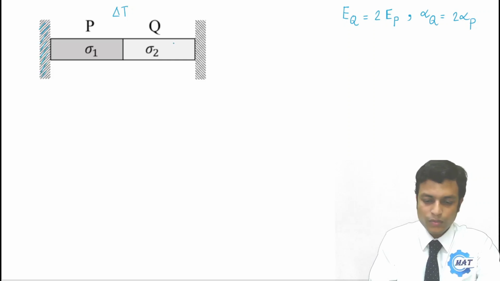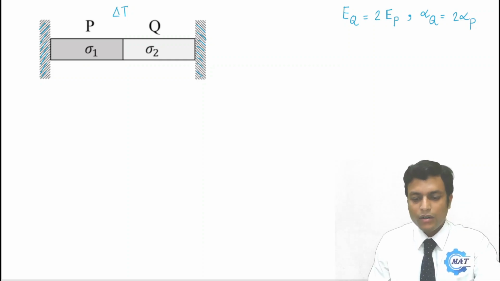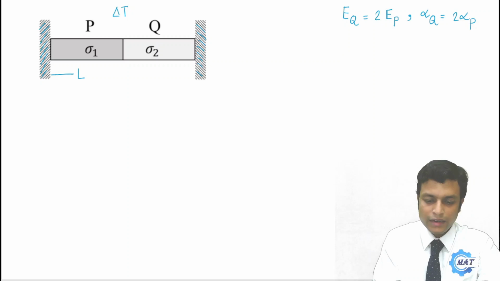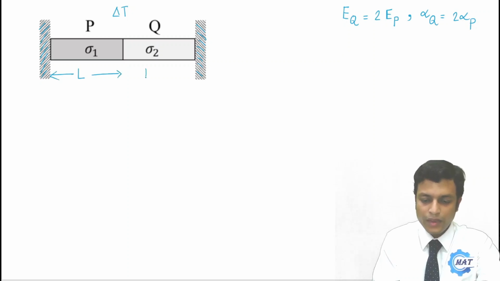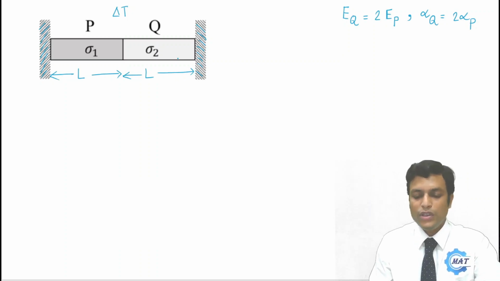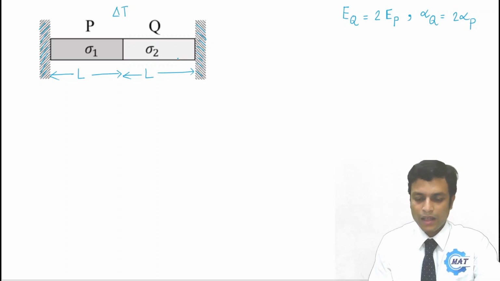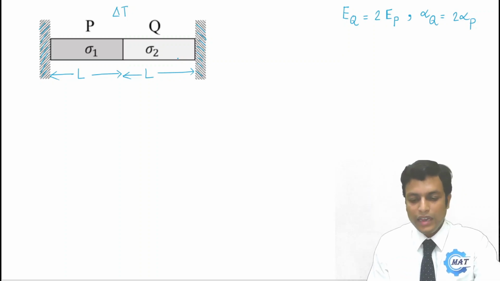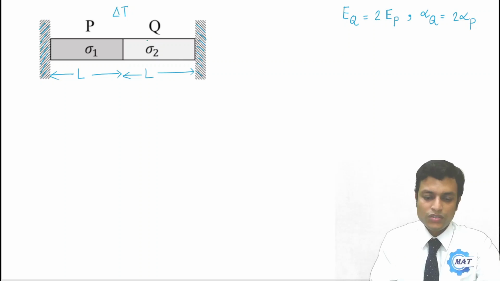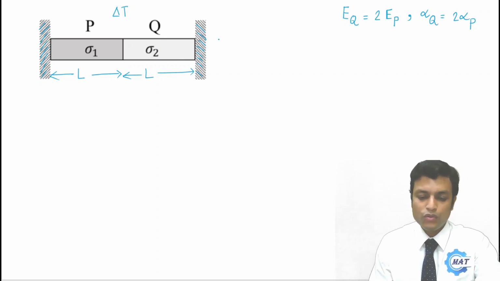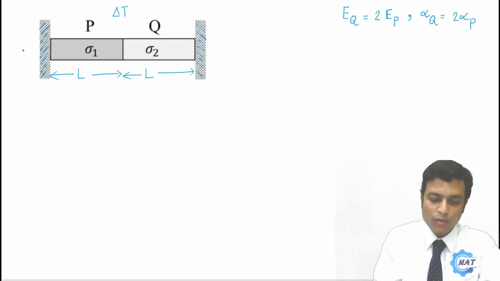So the resultant length of P and Q will be unchanged. That is, the final length of the combination of P and Q will also be 2L, as they have the same length L. At elevated temperature they would elongate, but these two supports do not allow them to elongate, by providing compressive forces.